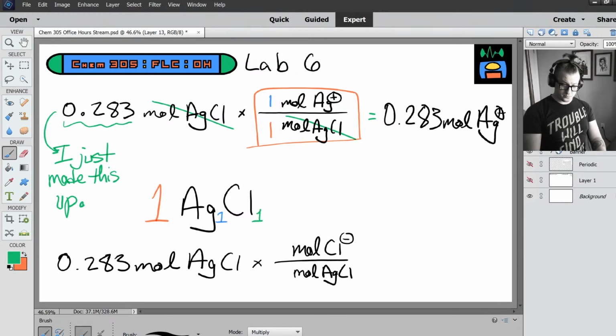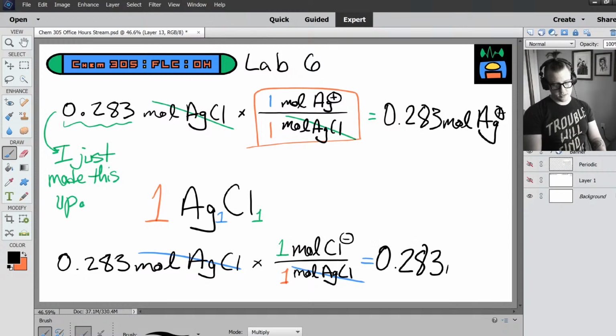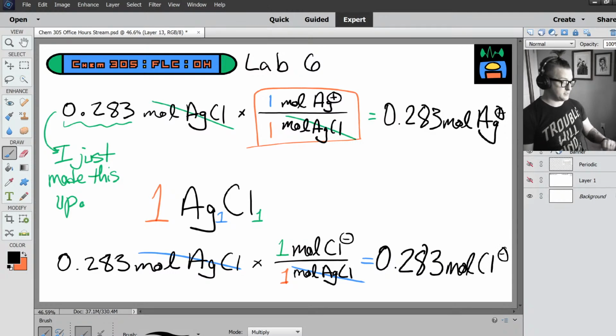Again, 1 mole of silver chloride molecules will have 1 mole of chloride anions. Moles of silver chloride cancel, leaving us with 0.283 moles of chloride anions.